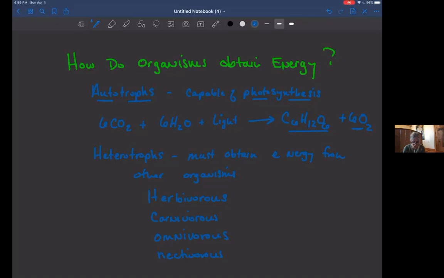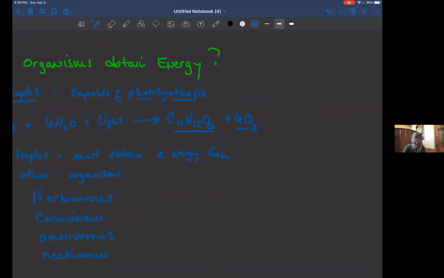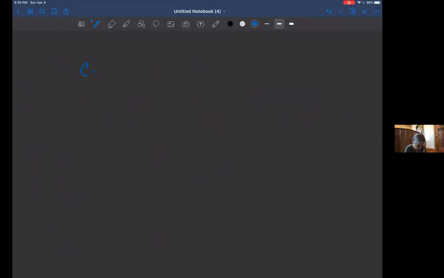Okay, so this is the way that these organisms obtain energy, but they have to convert it into a usable form. This conversion is essentially the reverse of photosynthesis. It's really cool. We have a process that is referred to as cellular respiration. It's important to note that even plants, like autotrophs, are capable of cellular respiration.